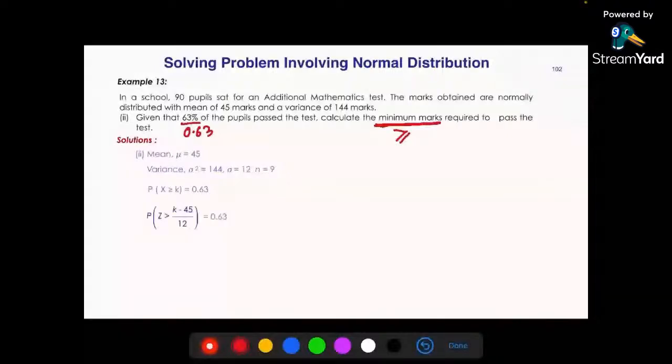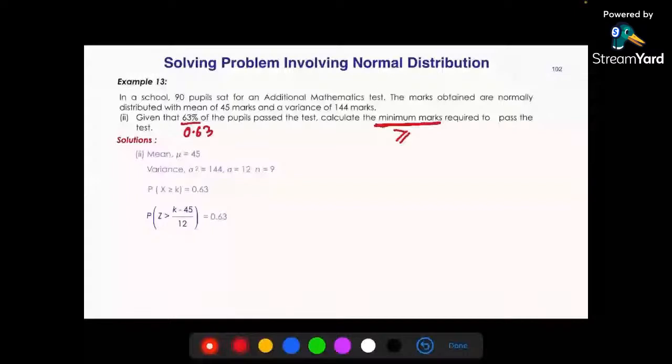So kita buat dekat di sini. More than, right? So dia mesti ada dekat sini because of this one it is more than 0.5. Dia mesti mengambil dua bahagian dekat sini lah. Okay. So this one 0.63, 0.37, we have to find the 0.37.